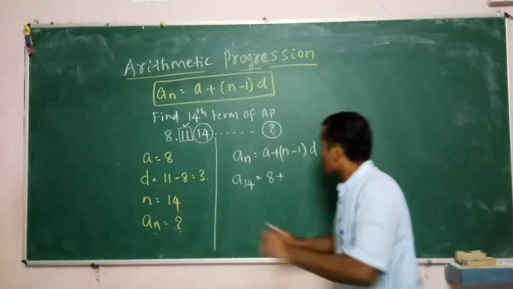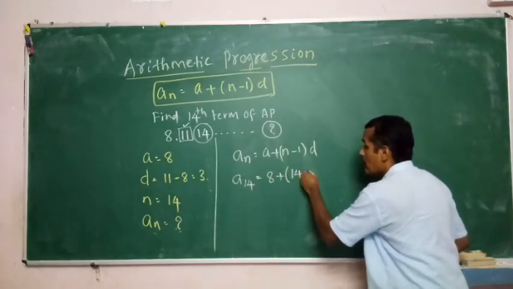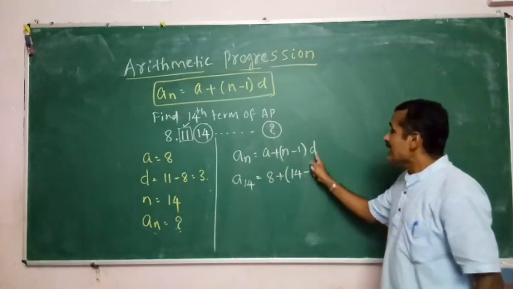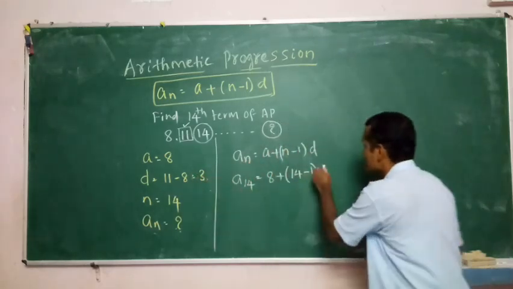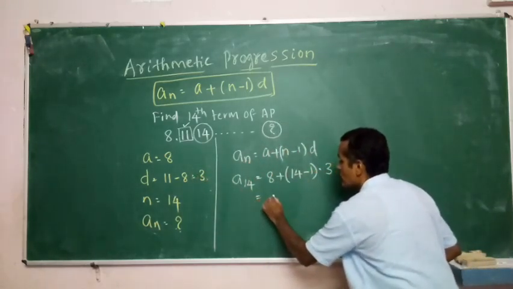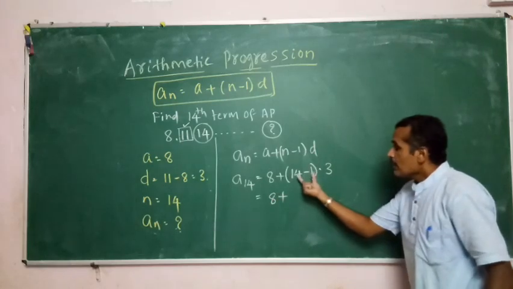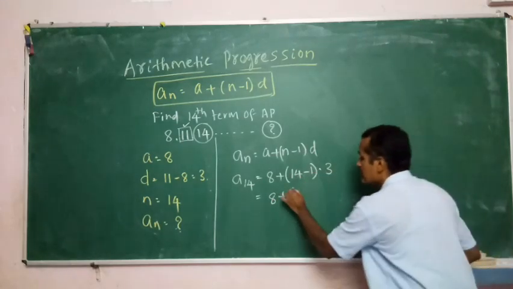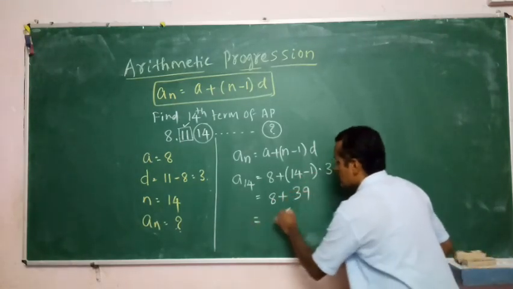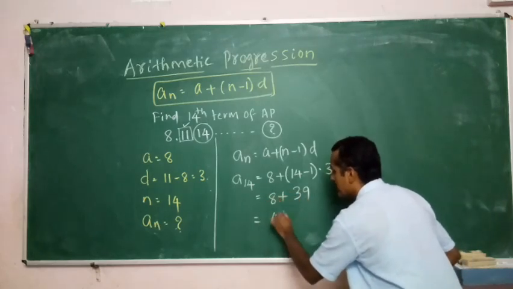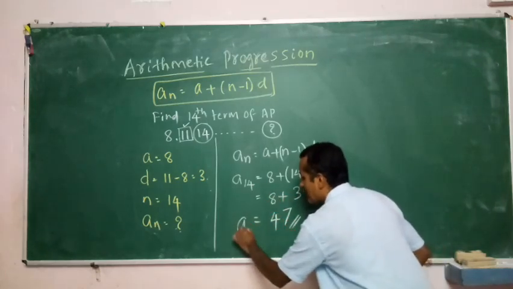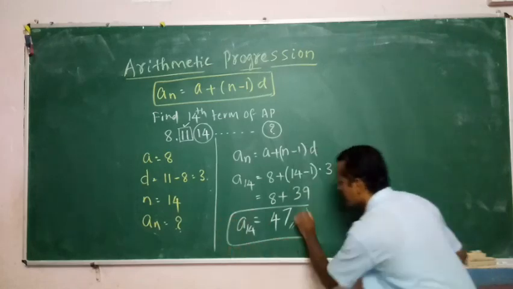N is equal to 14. It is 14 minus 1 into D, the common difference. Common difference is 3, which is equal to 8 plus 13 3s are 39. So 39 plus 8 is equal to 47. 47 is the 14th term.